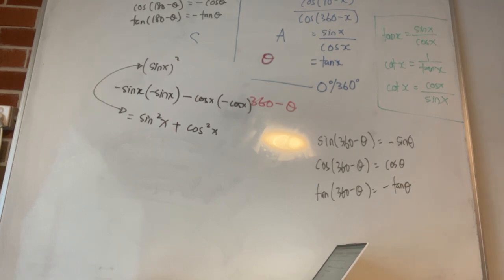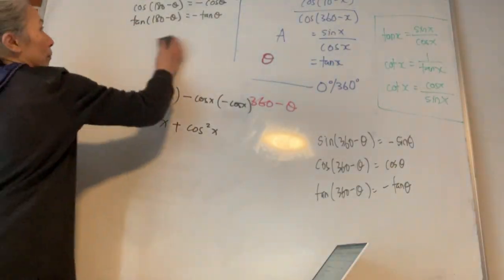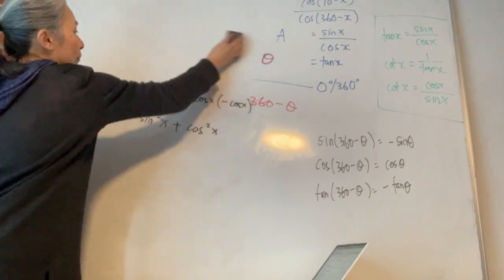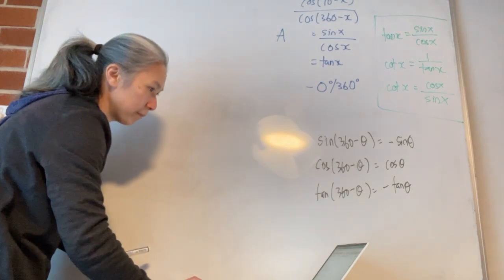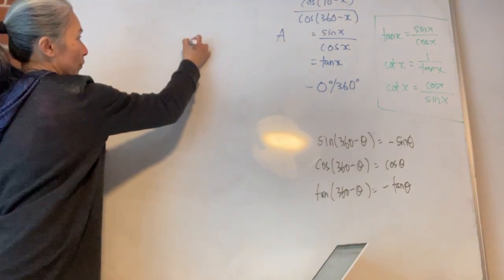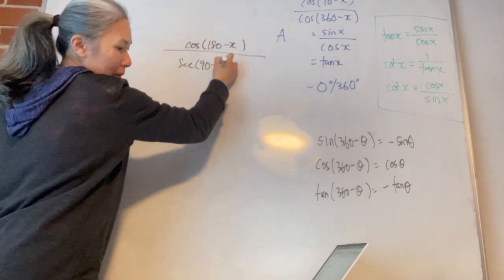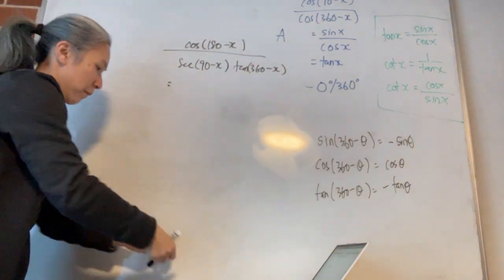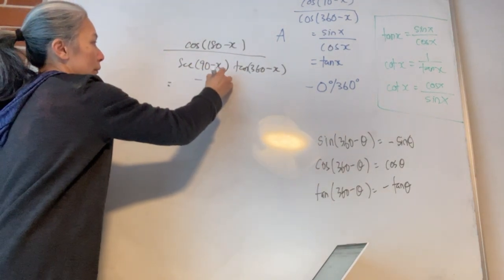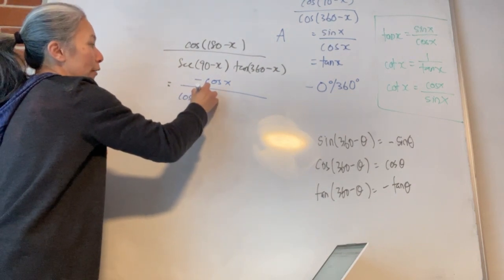Right, then you have the over sec 90 minus x. Sec, you can change it to cosec, right?